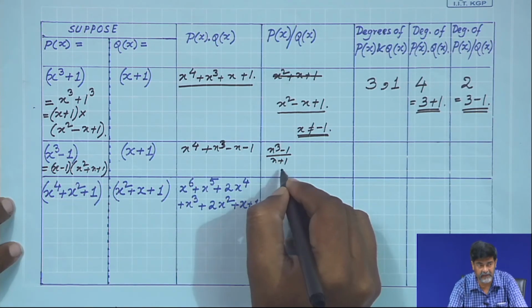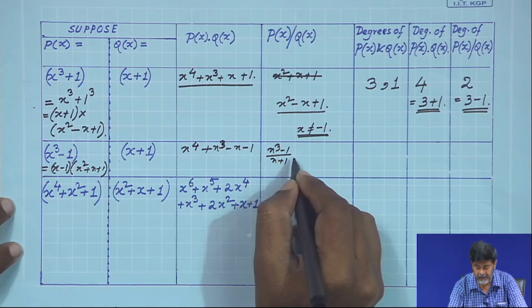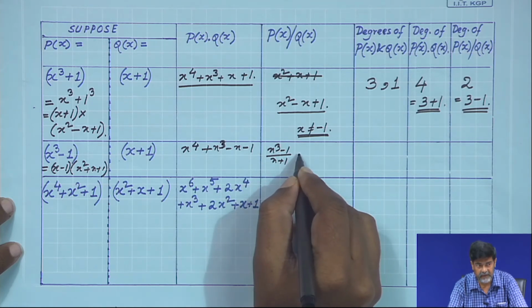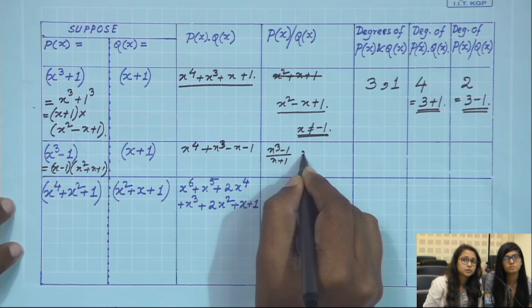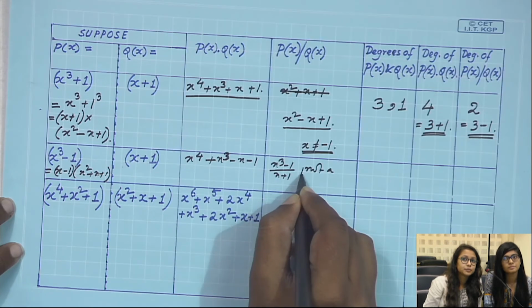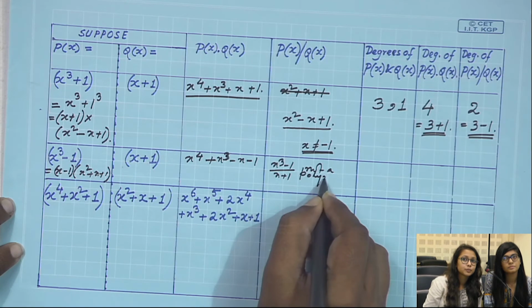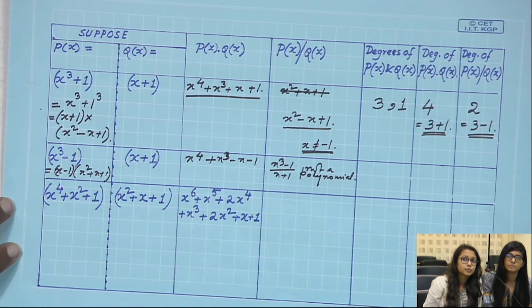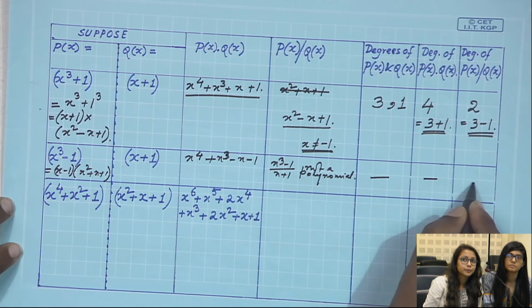Therefore, we cannot cancel x plus 1 here. Therefore, the form will remain in this form. Therefore, this is not a polynomial. Therefore, we are not considering the degree of this expression.